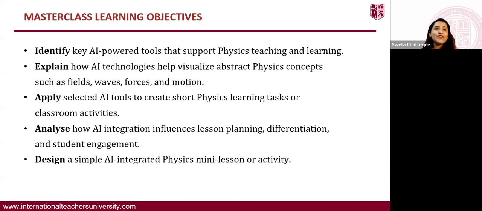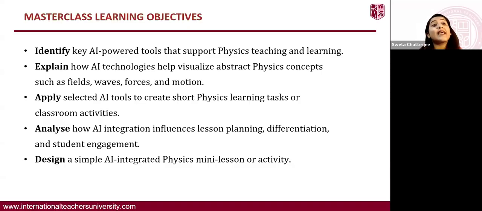So, quickly moving on to the learning objectives. By the end of this masterclass, you won't just know about AI tools, but you will know how to use them meaningfully and confidently in your physics classroom. So we'll begin by identifying a few AI tools, then understand how they help visualize abstract concepts.